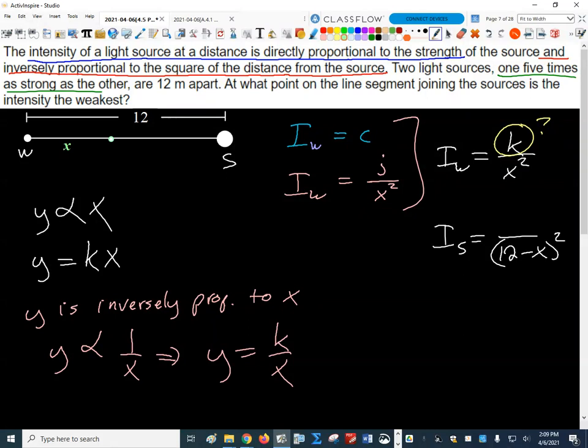Good, it'd have to be a 5k because when the distance is 1, if x is 1 or 12 minus x is 1, and the strong source is 5 times as strong as the weak source, we should expect it to have a 5 times bigger numerator, right? So it's got to be 5k.